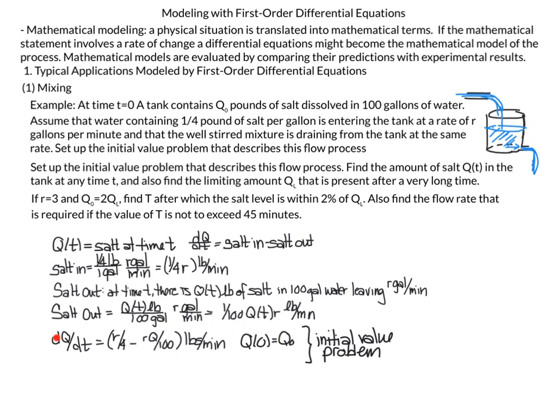So our change, dQ/dt, is equal to salt in minus salt out, which gives us r over 4, minus r Q(t) over 100, pounds per minute, where Q(0) is equal to Q naught, and that's our initial value problem right here.